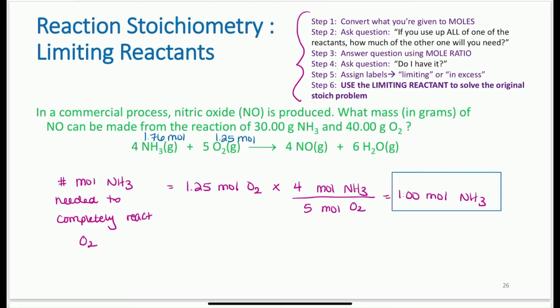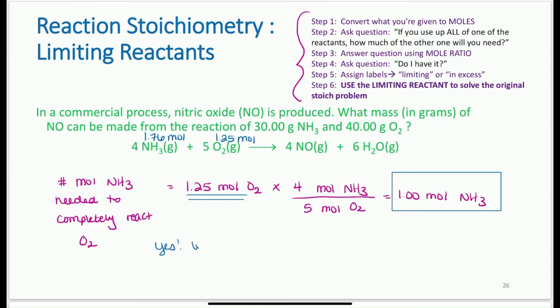Now, step 4, ask yourself a question. Do I have enough? What do I mean by that? I'm saying if I want to know how much NH3 I need to completely react all of my O2, do I have enough? Ask that question. The answer is yes, we do have enough.